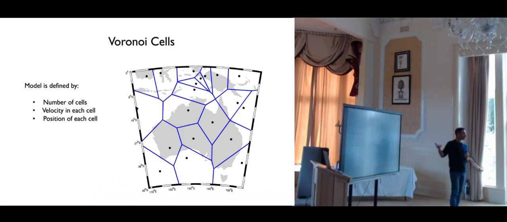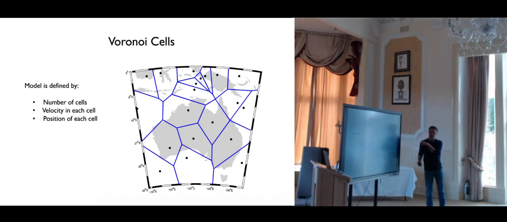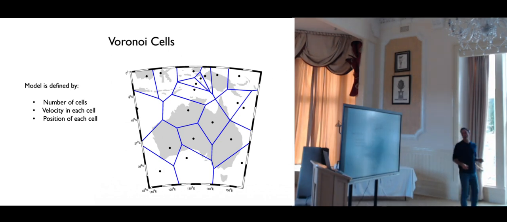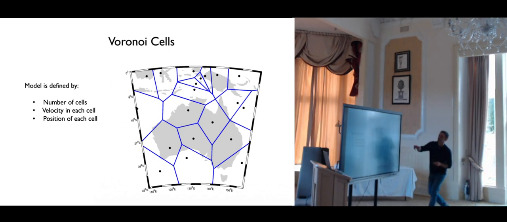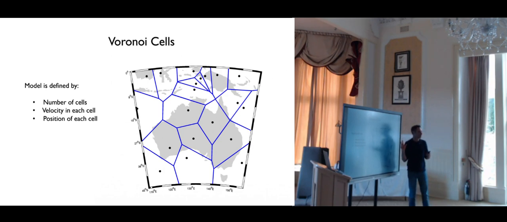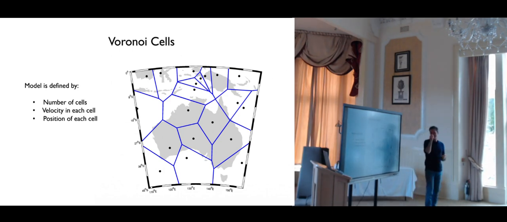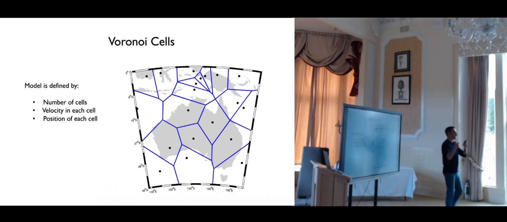So the unknowns in the problem, what we are going to invert for now, are the number of cells, the number of black points, the velocity value associated to each cell, and of course the position of the cells. So for example, if there are a lot of rays on one side, we may want to have a lot of small cells in this area. If we lack information in one area, we'll have a large cell there. But we don't decide that in advance. That's part of the inversion process. Those parameters are unknowns in the inversion.